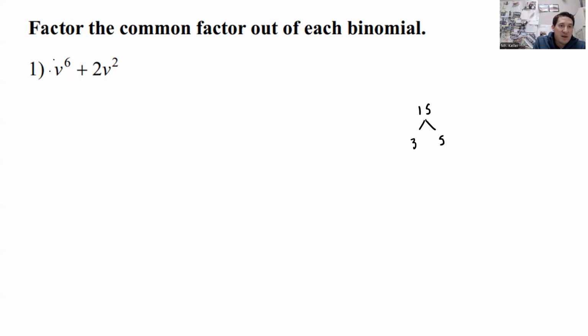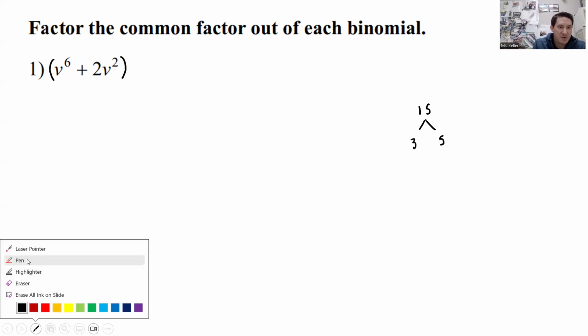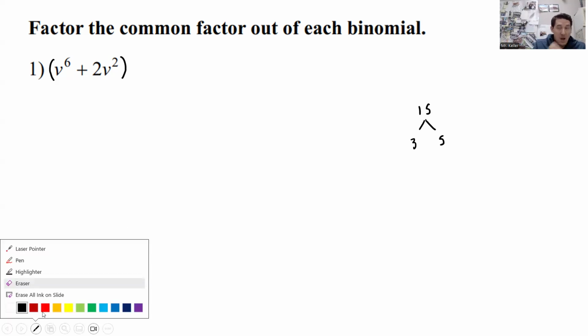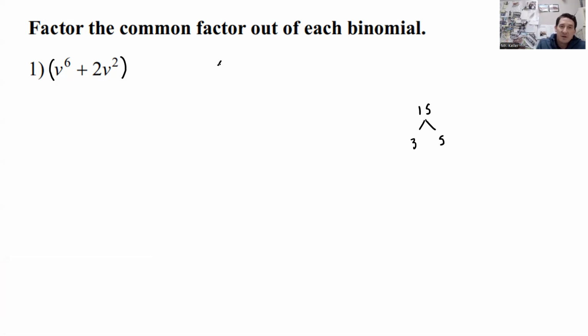We are going to be doing that same thing with this binomial here. We're going to split it into two smaller quantities that multiply to get there. How we do this, we want to look at these things and factor out what's called the greatest common factor.